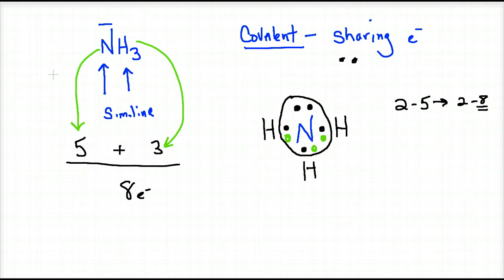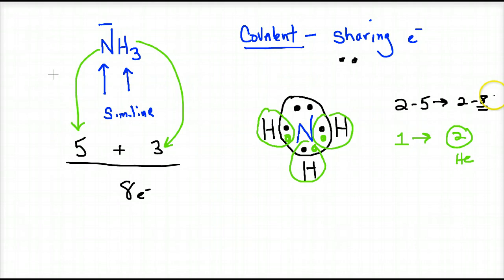And this hydrogen feels like it has 2. This hydrogen feels like it has 2. So all the hydrogens went from a configuration of 1 to 2. Well, this is helium, and this is neon. They both became as stable as their noble gas counterparts in terms of electrons by sharing electrons, being forced to share.